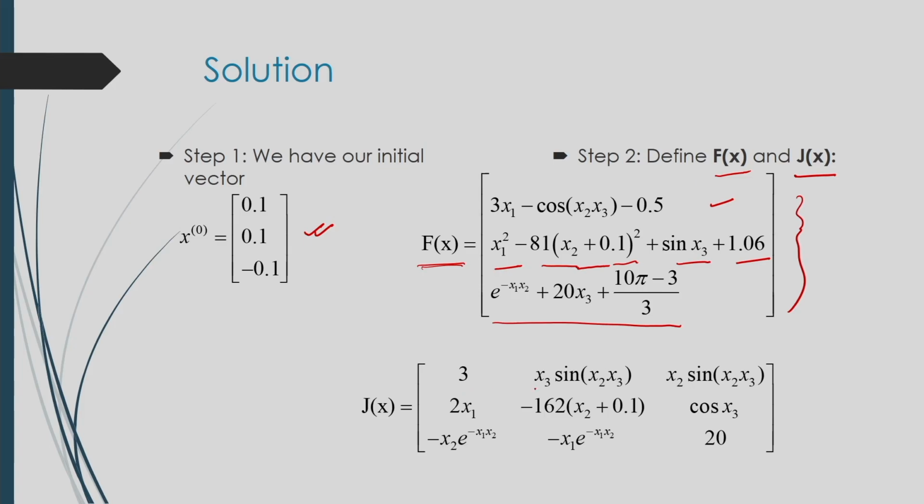So, it will come as 3, x3 sin x2 x3, x2 sin x2 x3, and then 2 x1, minus 162 x2 plus 0.1, cos x3, and then minus x2 e to the power minus x1 x2, minus x1 e to the power minus x1 x2, and then 20. In this way you can find the Jacobian matrix.